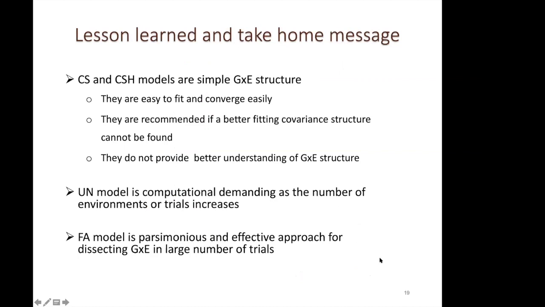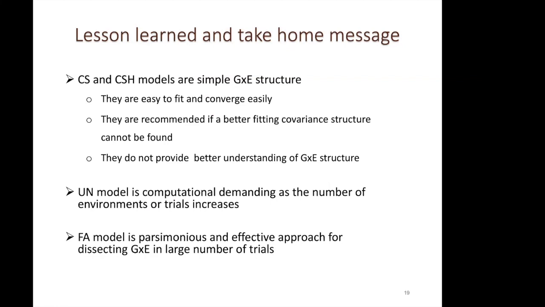The lesson learned and take-home message from this study is that the compound symmetry model fits simple G by E structures. They are very easy to fit and converge easily. They are recommended if a better fitting covariance structure cannot be found, even though they do not provide a better understanding of G by E structures. The unstructured model is computationally demanding as the number of environments or trials keeps increasing.